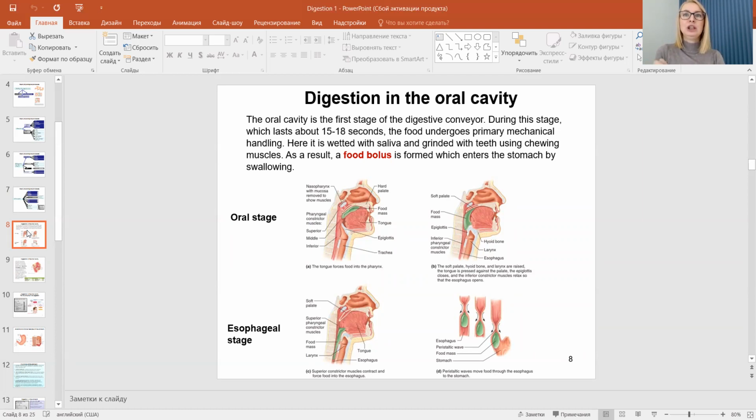Swallowing is initiated when a bolus or ball of chewed or liquid food is voluntarily forced by the tongue to the rear of the mouth into the pharynx. The pressure of the bolus stimulates pharyngeal pressure receptors, which send afferent impulses to the swallowing center located in the medulla of the brainstem.